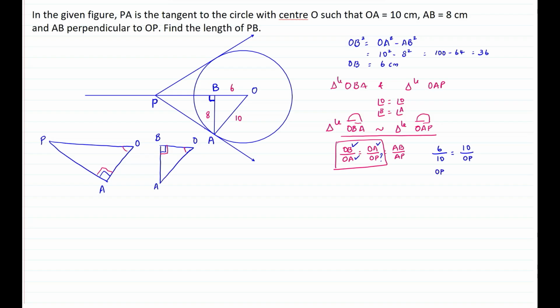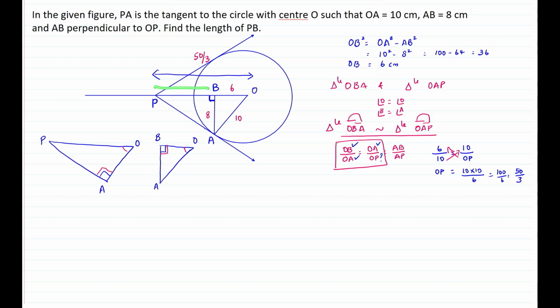Therefore, OP will go this side and 10 will go the other side and 6 will come down. Therefore, OP will be equal to 10 into 10 divided by 6, that is 100 by 6, which is equal to 50 by 3. So you got OP, this length is 50 by 3.